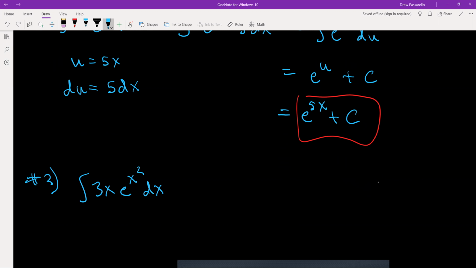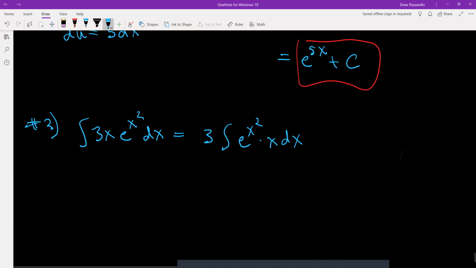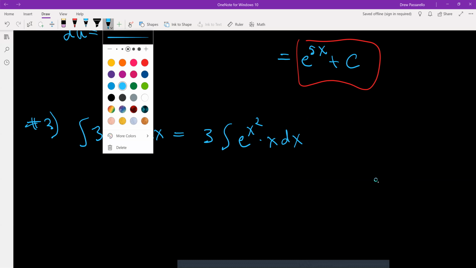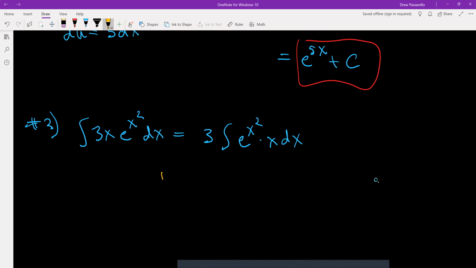All right, here I will factor the 3 in front. So the integral, and then I'll put e to the x squared and then x dx. Because I'm going to let u be the exponent portion, x squared, and the derivative of x squared is 2x. And here we have x, though we're going to do some manipulation. So I'll use a different color. So I'll let u be x squared.